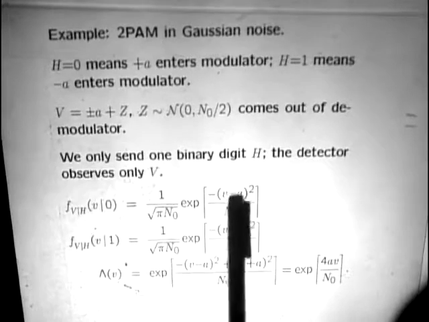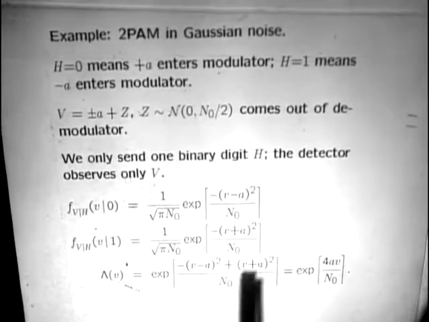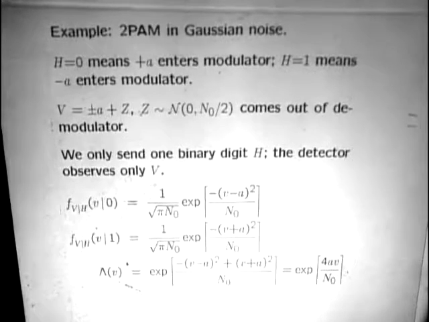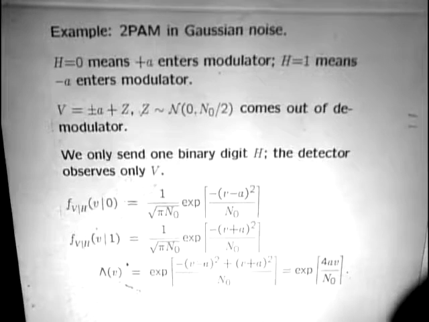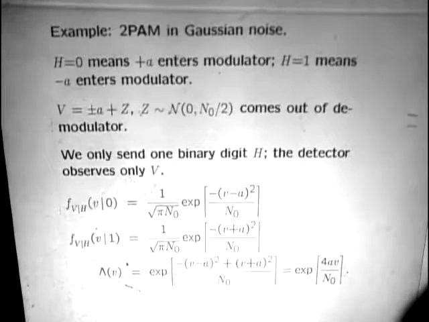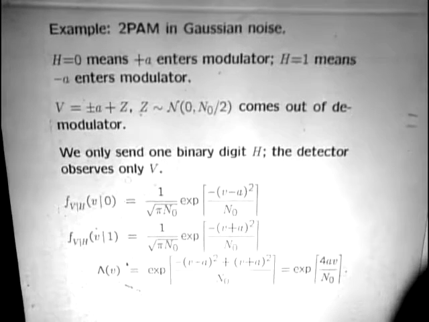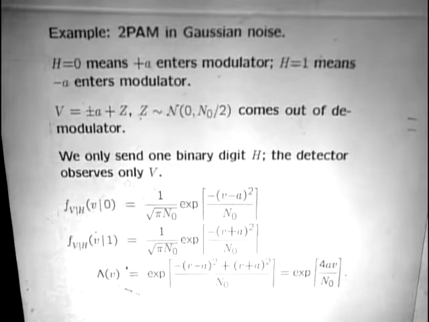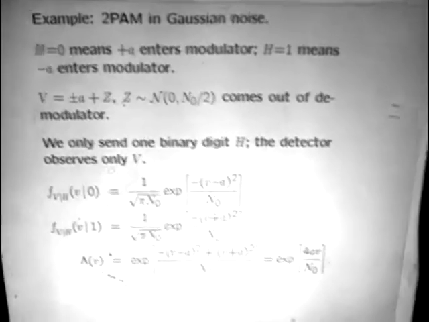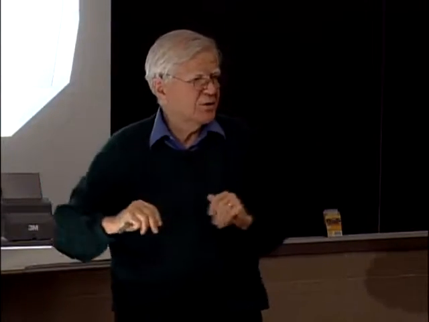When you take a ratio of two exponentials, you just get the difference. So the likelihood ratio, this divided by this, is then e to the minus (v minus a) squared over N0 and (v plus a) squared over N0. Because normally the Gaussian density is something divided by 2 sigma squared, and sigma squared here is N0 over 2, so the 2's cancel out.